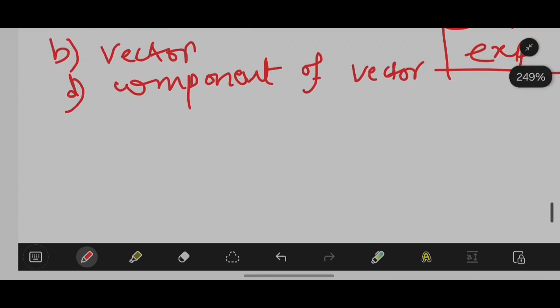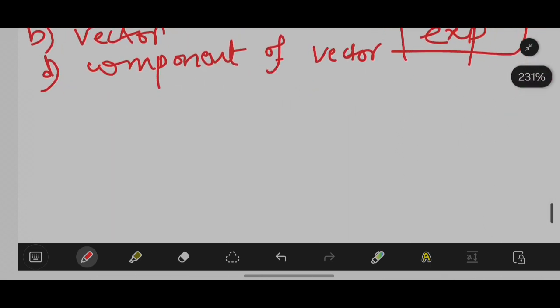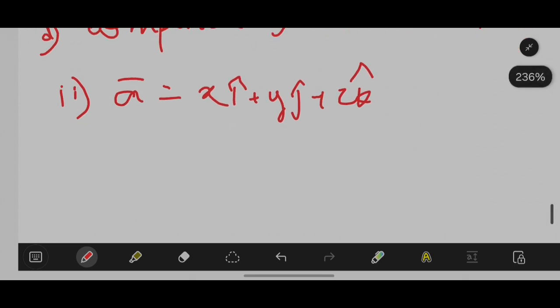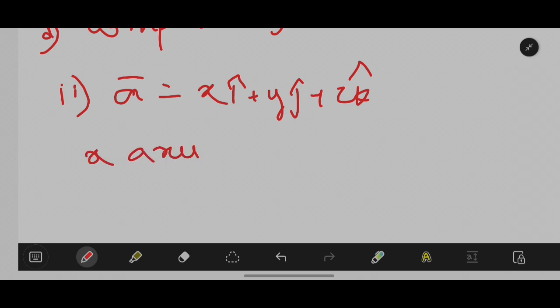Next we will see the second question in this fifth one, second part. In the given vector, a bar is equal to x i cap plus y j cap plus z k cap. What are the components of a bar in the direction of x, y, z axes respectively? See, the component of the vector in the direction of x axis is x only.